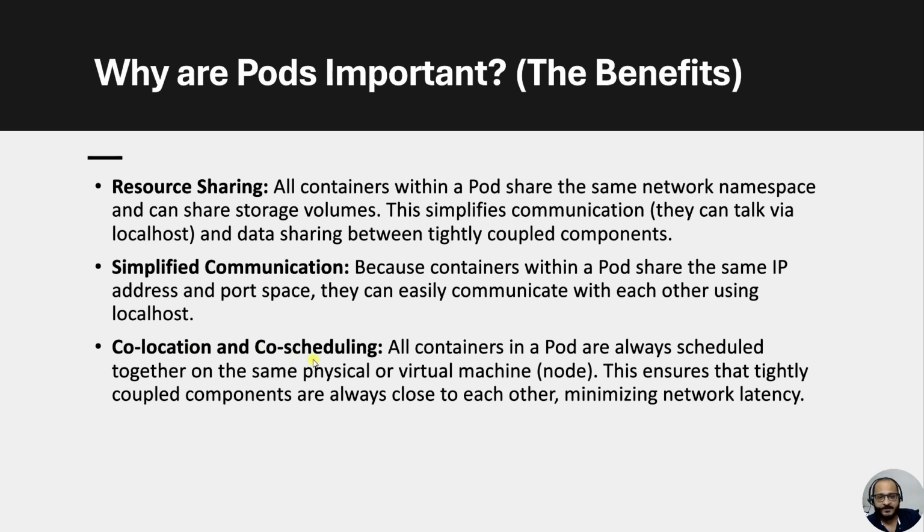Co-location and co-scheduling. All the containers in a pod are always scheduled together on the same physical or virtual machine. Suppose you want to deploy both the containers in this single pod, and that pod should always run on a particular virtual machine or maybe a worker node.